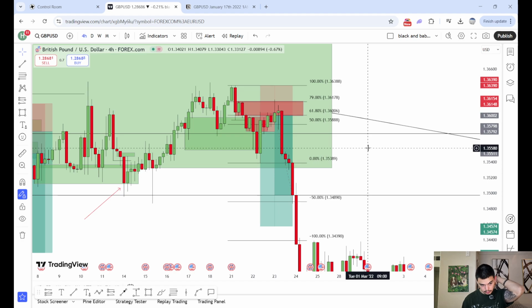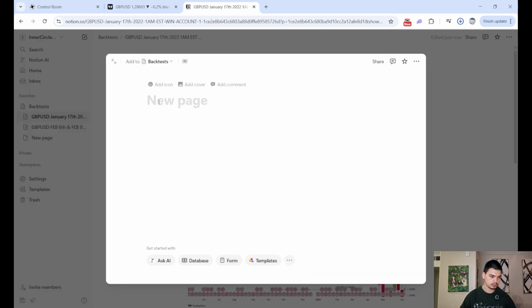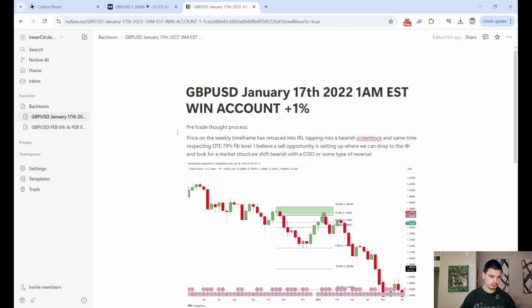Okay. So with this trade setup, I'm going to go ahead and document it as well. We're going to use the same graph here.